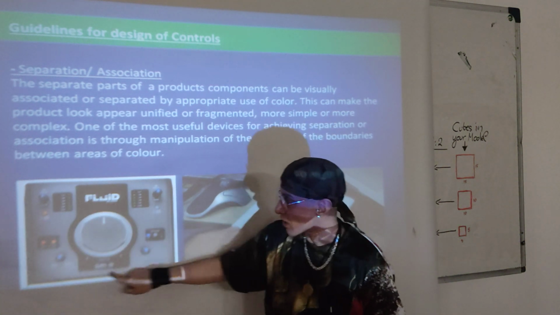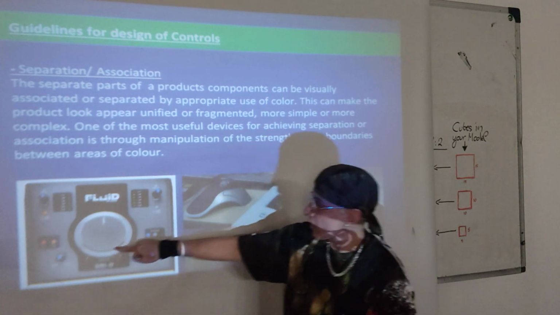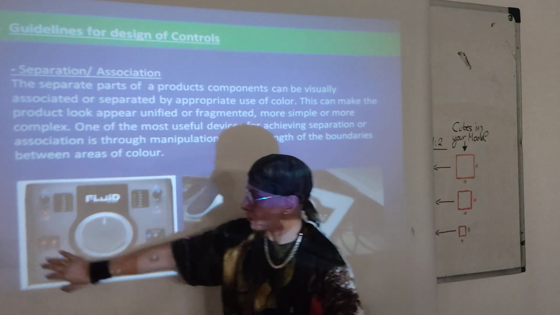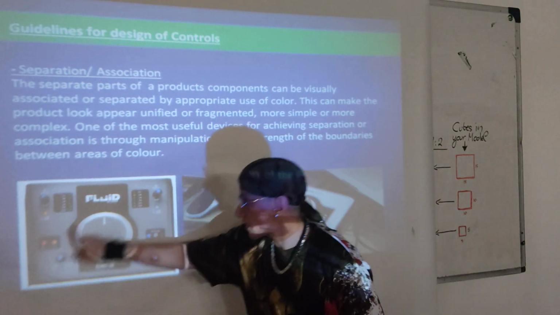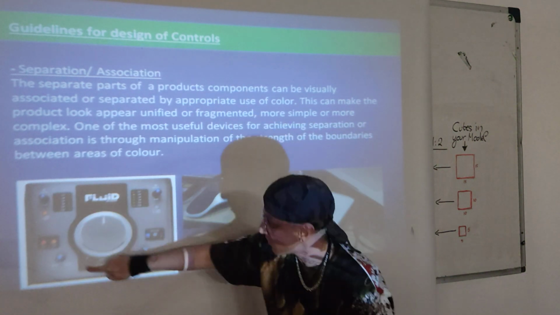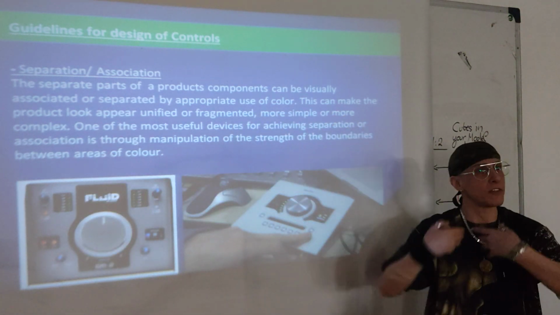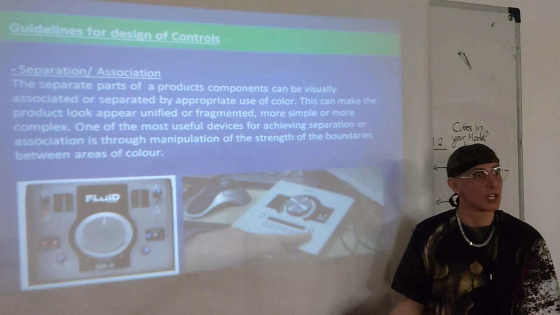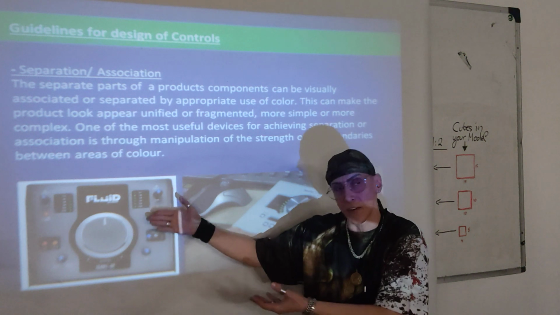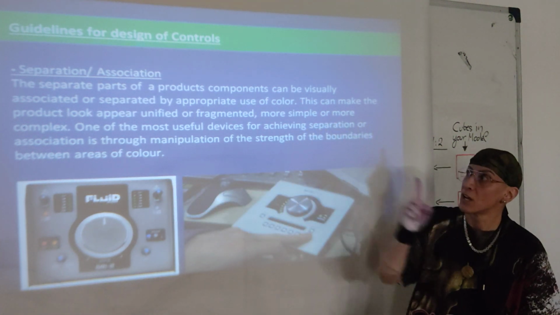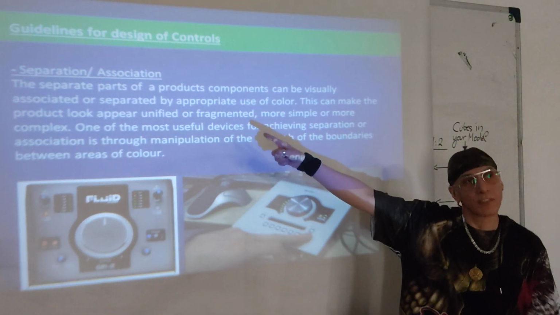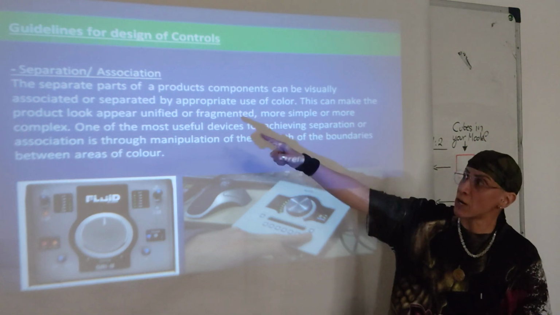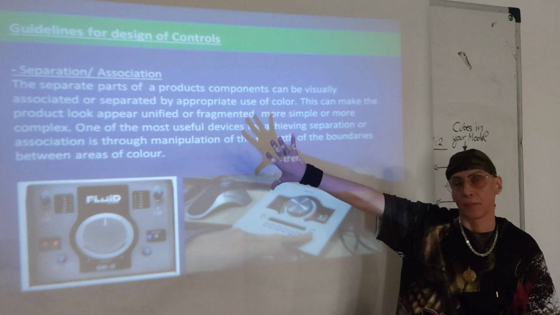Why this shape here? Why I don't make it like this? This will be black, this will be gray. Why I don't make it like this? Why I don't make it like this, for example? There are hundreds of versions of what you can do with these colors, but each version will create some effect on the viewer. So one of them is separation, association.